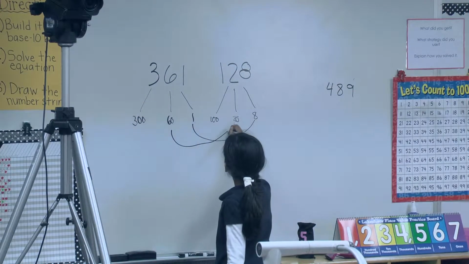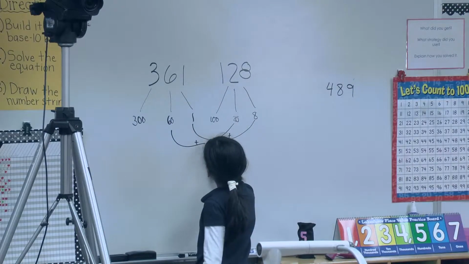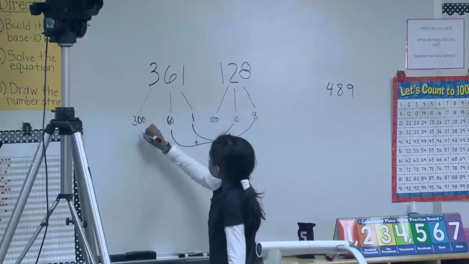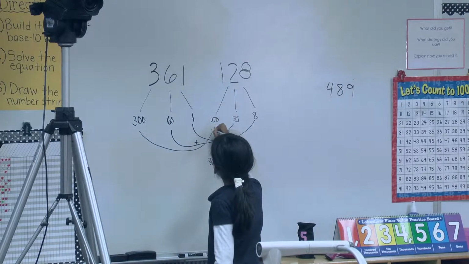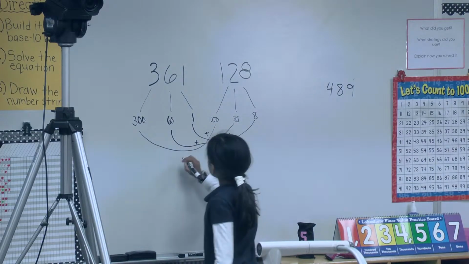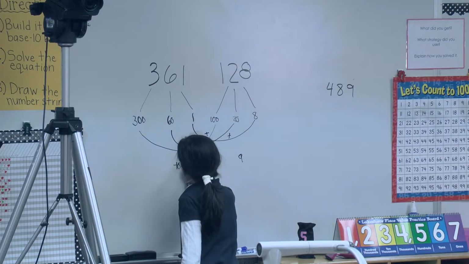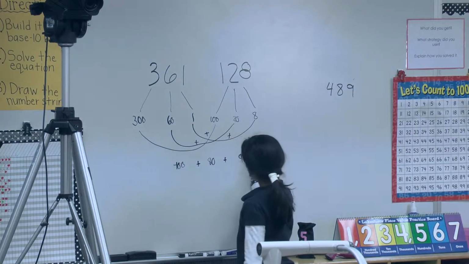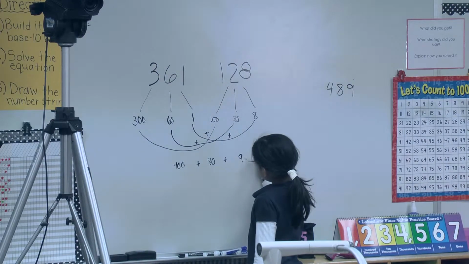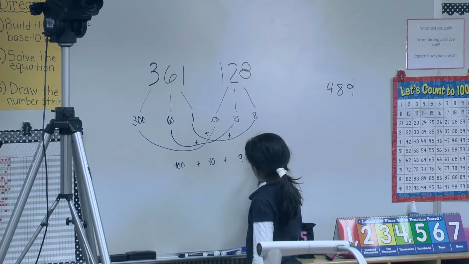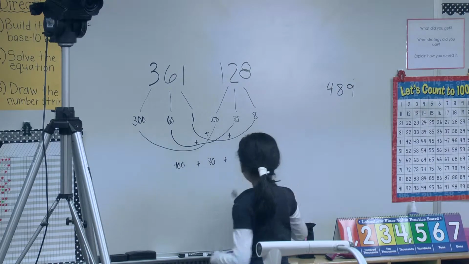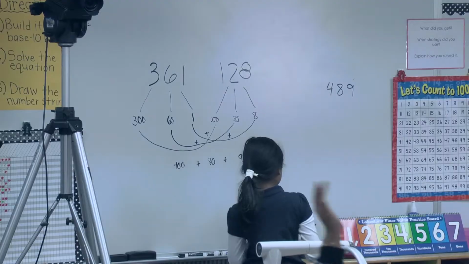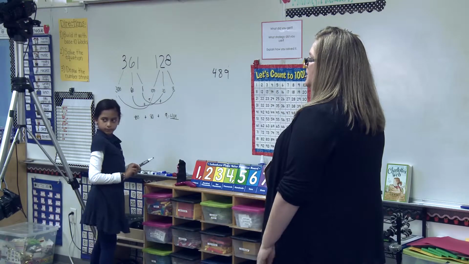And the 60 to the 20, and that was 80. And then 300 to the 100, that was 400. And 400 plus 80 plus 9 equaled 489. Okay. Great job, Sarah. Does anybody have a different way of explaining it?